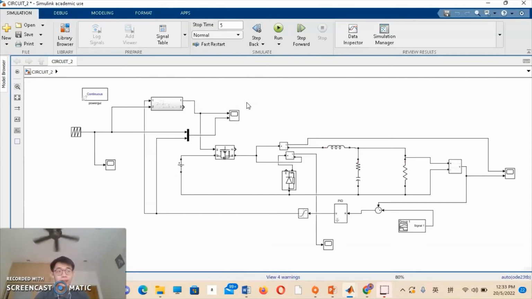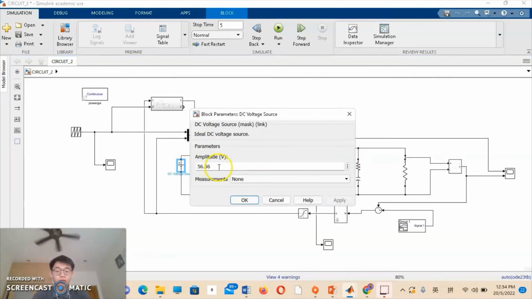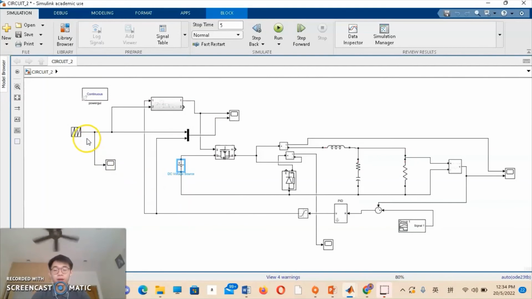So basically this transformer is going to step down the input voltage of 240 VRMS to just 40 VRMS, and when we convert that 40 VRMS into peak voltage, it will be around 56.56 volts. So here we are going to insert a DC voltage source of 56.56 at the input of our buck converter itself.